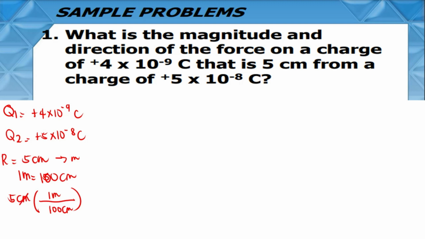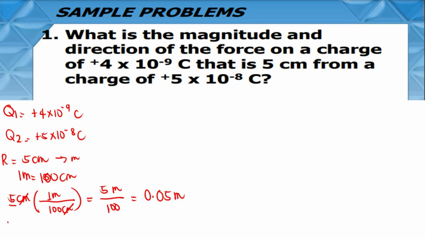Then, cancel out the unit centimeters. Then, all you have to do, multiply 5 times 1. We have 5 meters over 100. And simplifying it, we will have 0.05 meters.